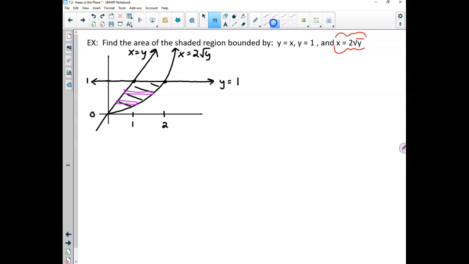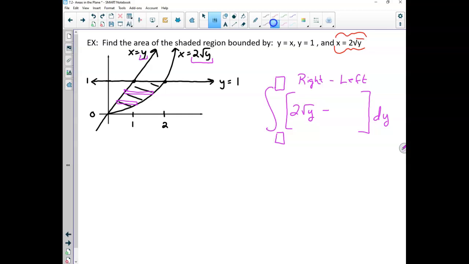And if I did that sideways, well, I know I'm taking my integral of something dy, which again, remember, means these limits need to be in terms of y. And when I think about what comes in here, I go right curve minus left curve to find the height of my rectangles, which is going to be 2 square root of y minus y dy.